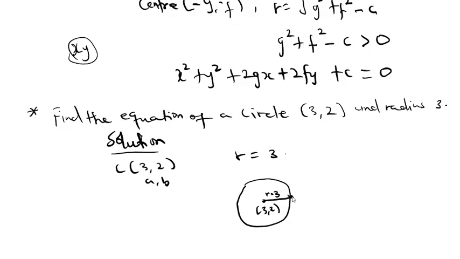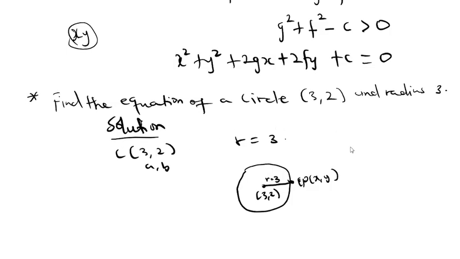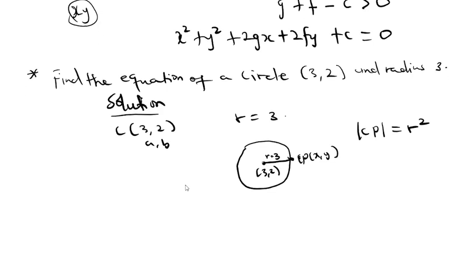The point we don't know, so let's denote it with P as (x, y). And we said that the equation is given by the magnitude from C to P equal to r. The magnitude from C to P is given by the root of (x minus 3) squared, where 3 is a, plus (y minus 2) squared, which should be equal to r, and here r is 3.